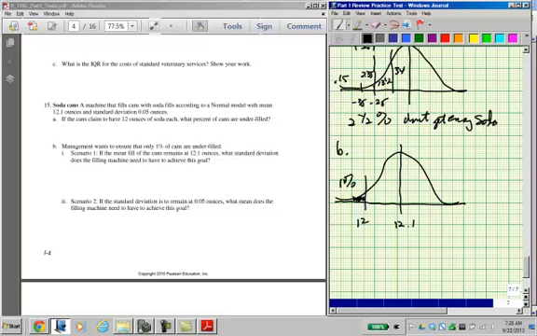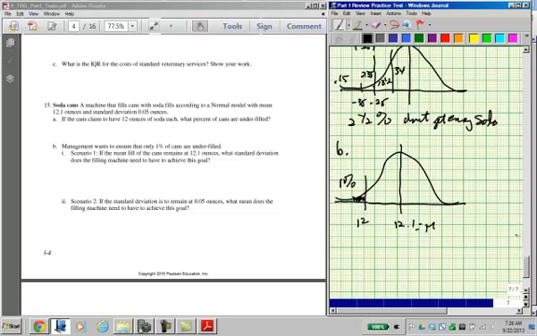Everything's the same. That is our y value of 12, our target value. Mu has stayed the same. But now we want 12 to be more standard deviations away from 12.1. In other words, we want it to be 1%, not 2.5%.